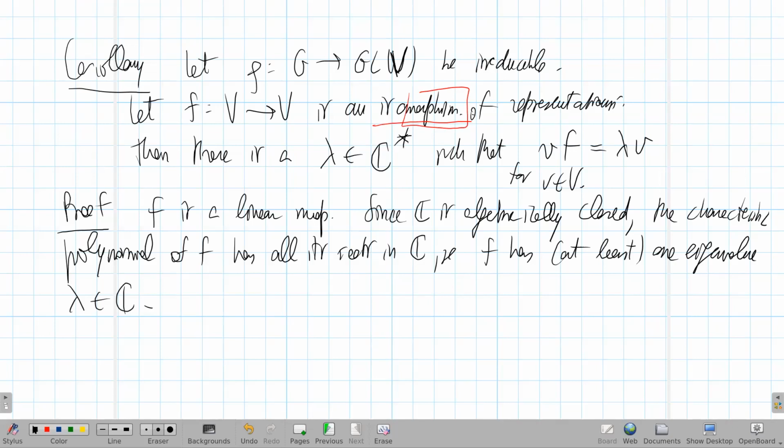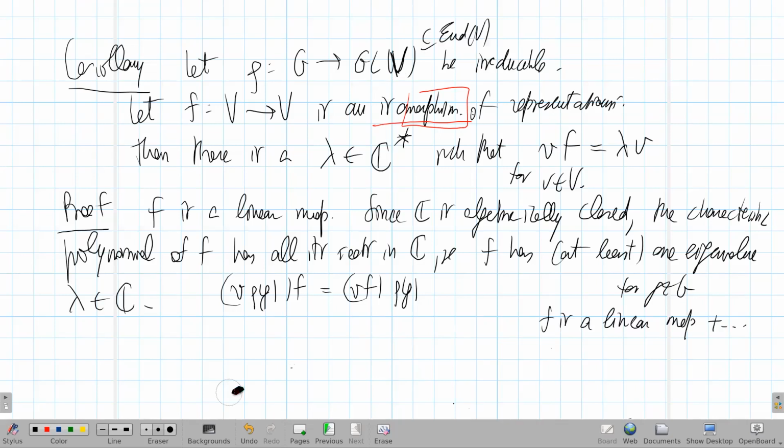So the fact that F is a morphism means that if you apply F to v rho G, it will become vF rho G, okay, for g in G. In this case, it's the same representation we have. We have just some vector space. There is no rho 1 or rho 2. What I really meant was the following.